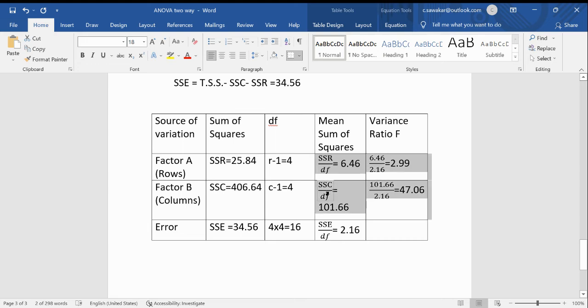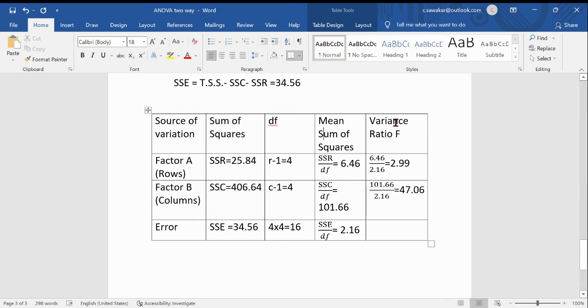Then SSC, that is 406.64 divided by 4, and similarly the SSE, that is 34.56 divided by 16. So the sum of the squares column divided by the degree of freedom column gives you this column.